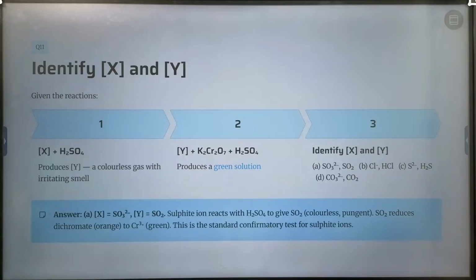Just now I have told you. Chromium, if it has to get converted into a green color solution, has to go from +6 to +3, right? So what should be the substance? I told you, it should be either sulfide or sulfate, or sulfur dioxide. Then what is the correct answer?